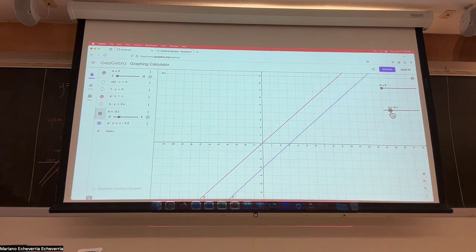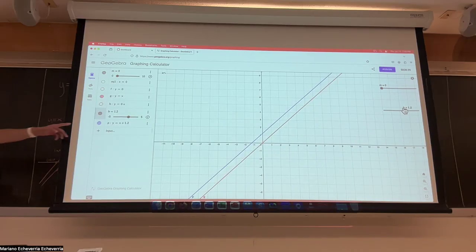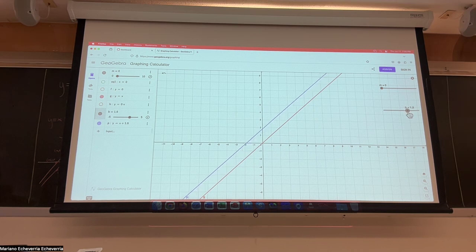You can notice how this number changes. As we change the number, the line remains parallel, that's the most important thing to notice.